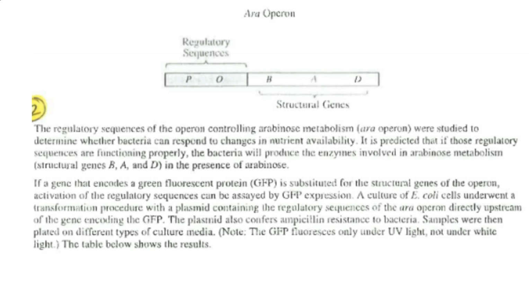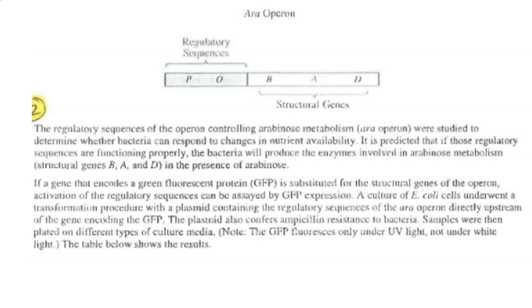So basically they're saying, if you can tell if they glow, then they must be turning on, then arabinose must turn on those genes. It must be an operon. A culture of E. coli cells underwent a transformation procedure with a plasmid containing the regulatory sequences of the ARA operon directly upstream of the gene encoding the GFP.